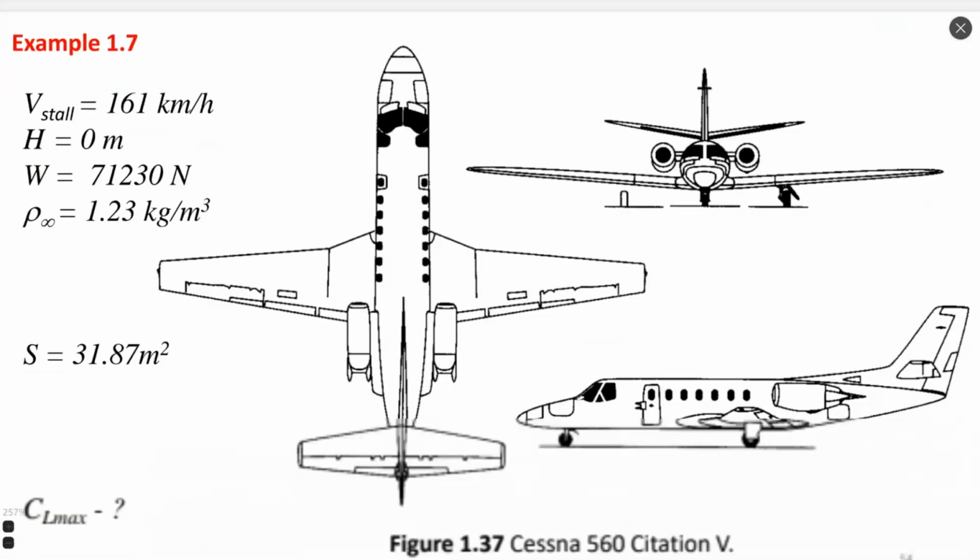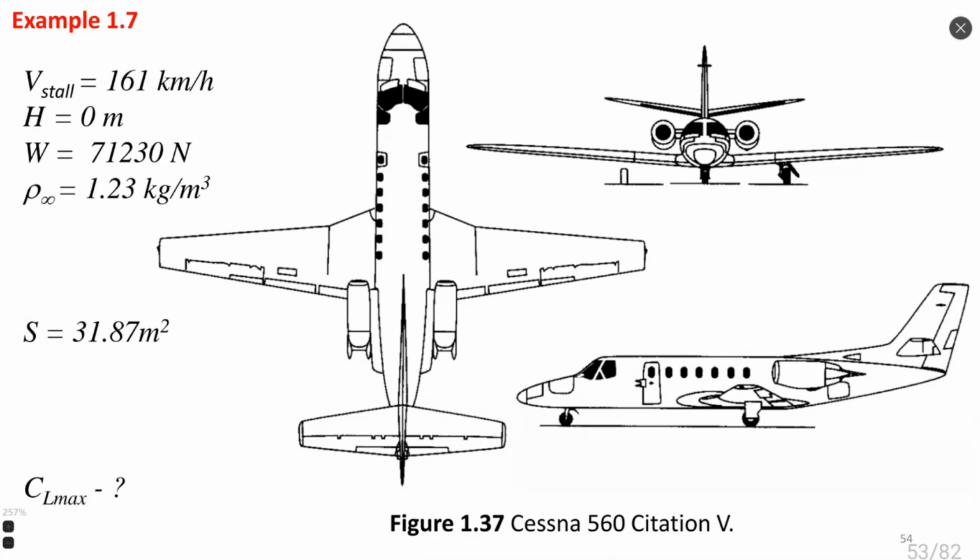Another example that Anderson shows for calculating such aerodynamic properties is conditions on takeoff. Before, we calculated maximum velocity, and here we calculate takeoff or stall conditions. We see that in such a case, weight is higher. It means that our airplane is still full of fuel.